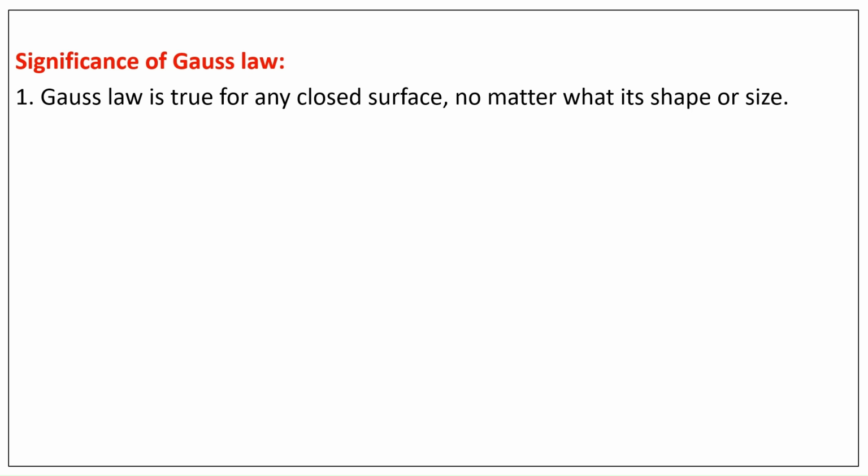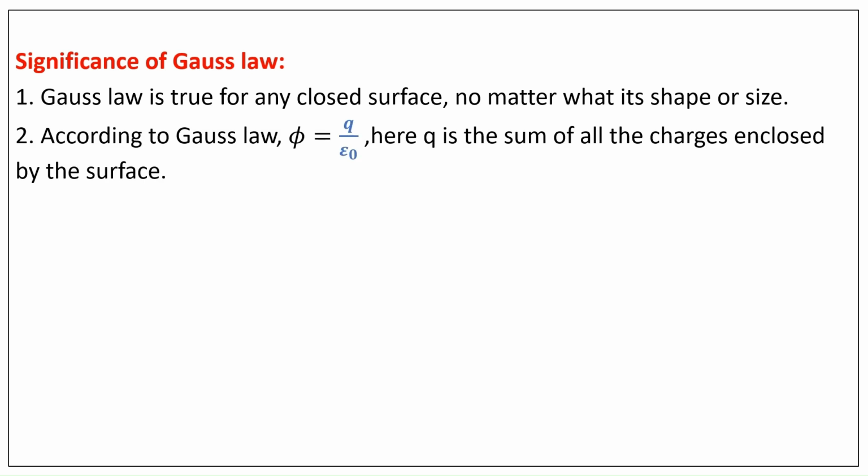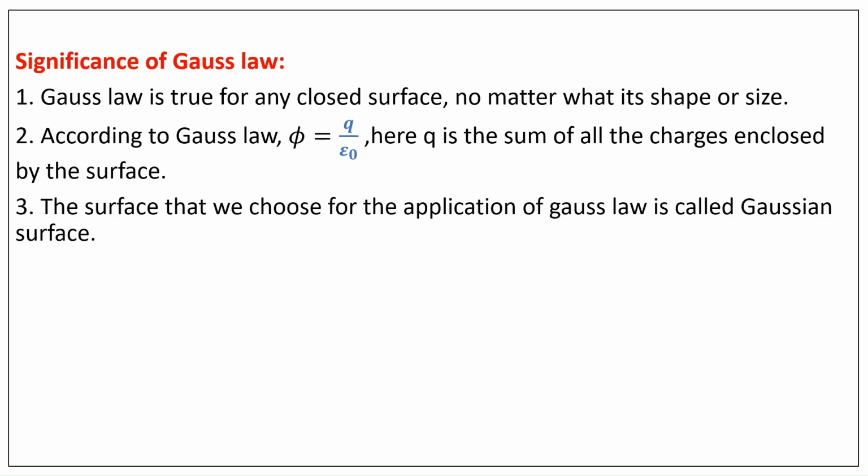Significance of Gauss law. 1. Gauss law is true for any closed surface, no matter what its shape or size. 2. According to Gauss law, phi is equal to Q by epsilon naught. Here Q is the sum of all the charges enclosed by the surface. 3.